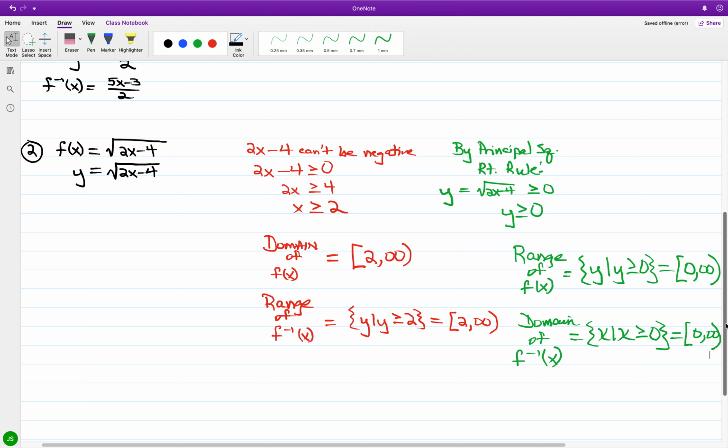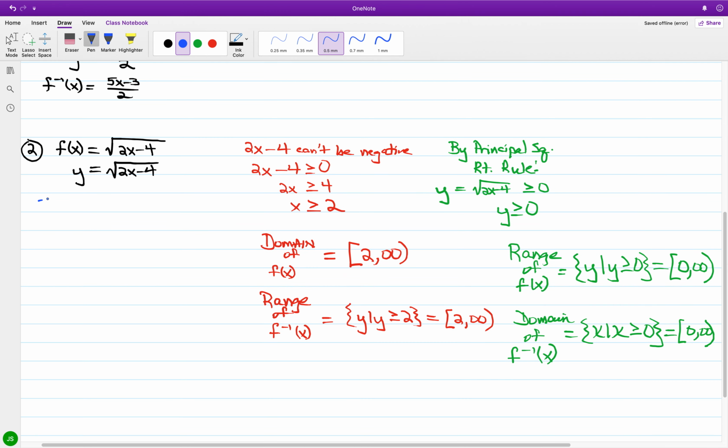All right. Now, in looking for the inverse of this particular given function, we're going to interchange x and y. So we have x is equal to the square root of 2y minus 4.